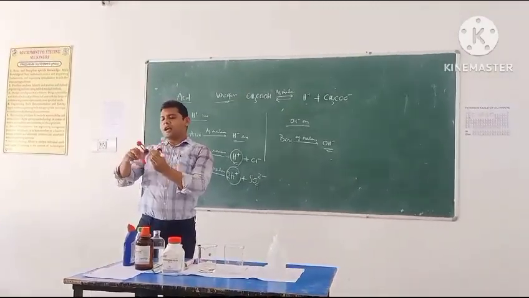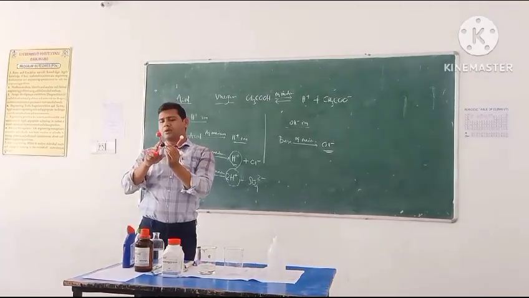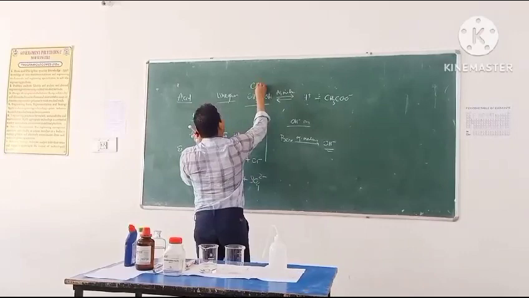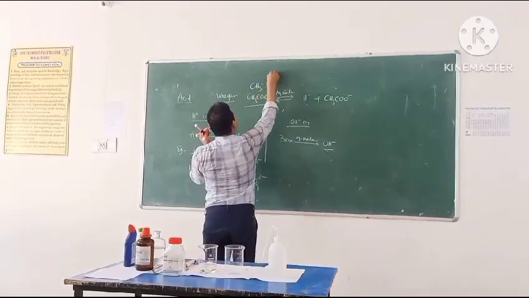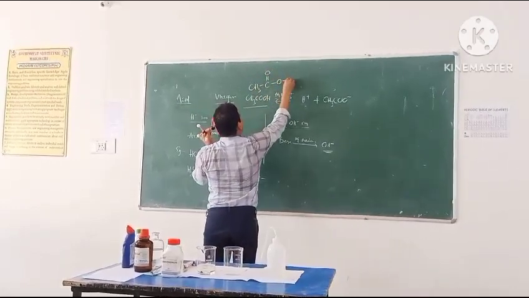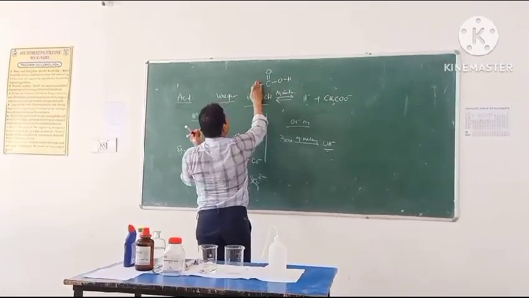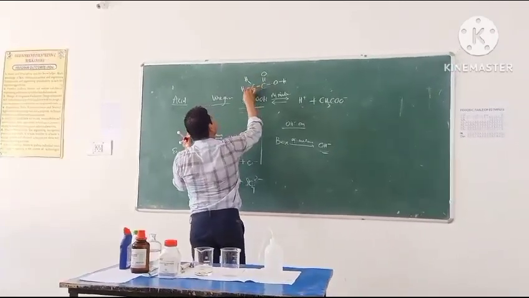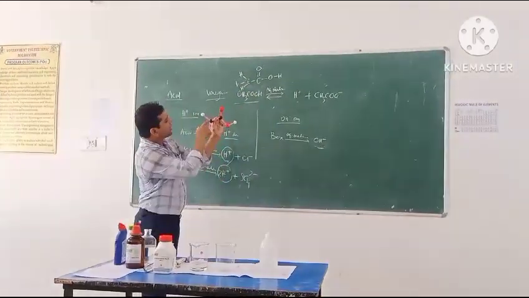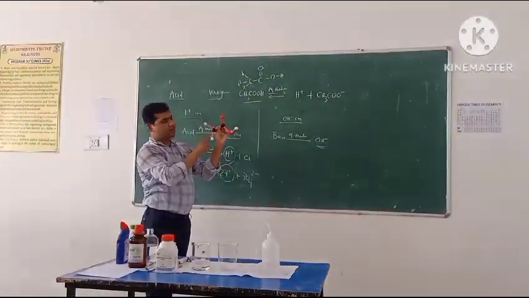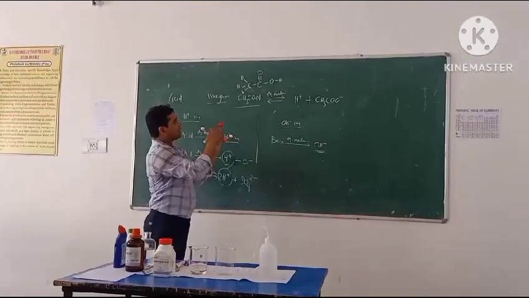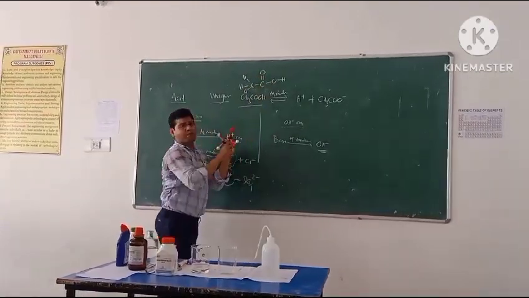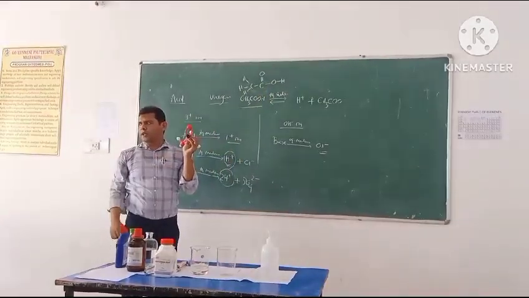And this carbon has a double bond with oxygen, and again forms OH. Carbon is linked with three hydrogen atoms, and another carbon makes a double bond and forms OH.